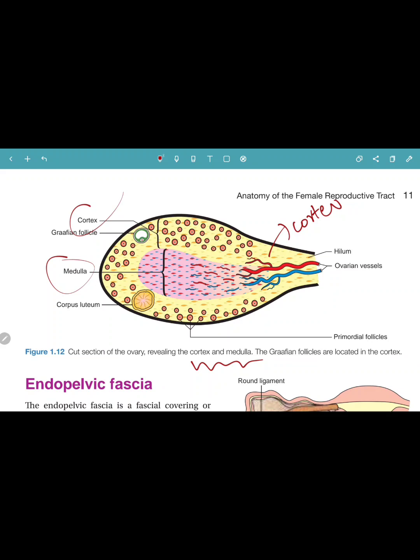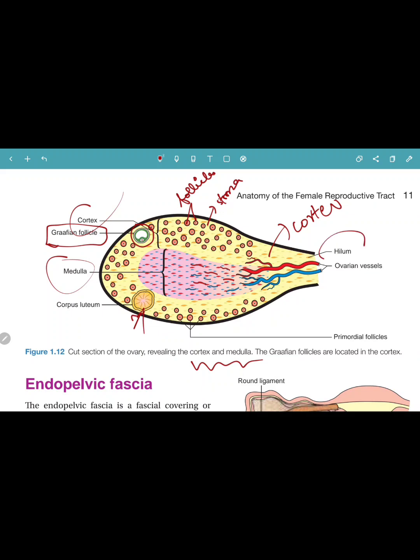The cortex has stroma, in yellow color, as well as these structures which are the follicles. You have a Graafian follicle here, the biggest dominant follicle, that is the Graafian follicle, a big one. And this is the corpus luteum in yellow color.